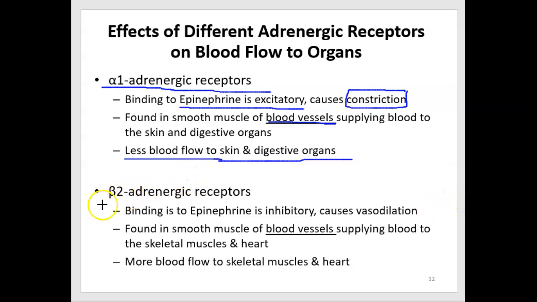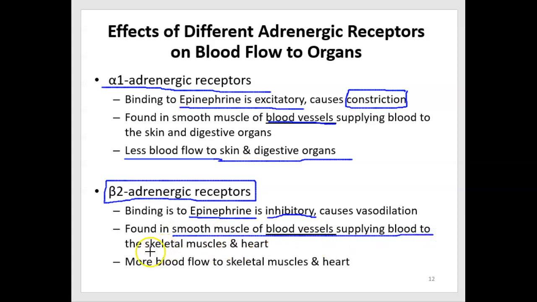So you have less blood flow to the skin and digestive organs. Now I'm going to take the other example, beta-2 adrenergic receptors. When these receptors bind to epinephrine, there's inhibition in the target cell. We see these receptors in blood vessels that supply our skeletal muscles and our heart.